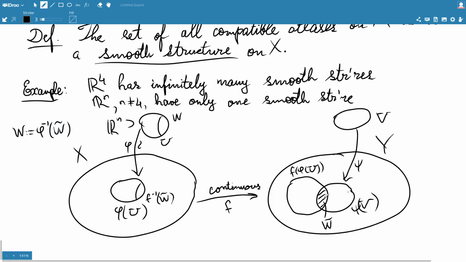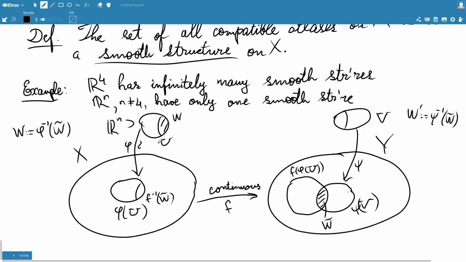Respectively, here we have the preimage of W tilde, let me denote it by W prime, the preimage under psi. Okay, W tilde.